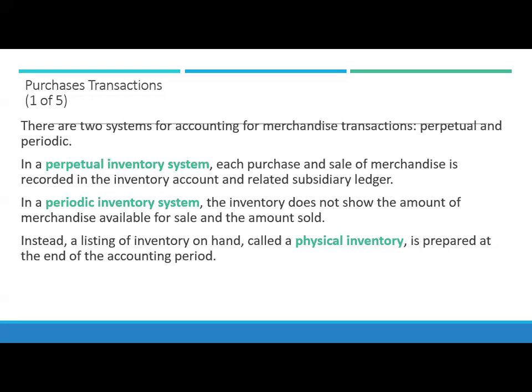But perpetual is recorded perpetually. That balance of inventory, if we took a look at the inventory balance mid-month, it would be accurate. The periodic inventory system, we just record the amount of purchases made throughout the period, and then we count up the inventory at the end of the period, and we make an adjustment for how much inventory was sold.